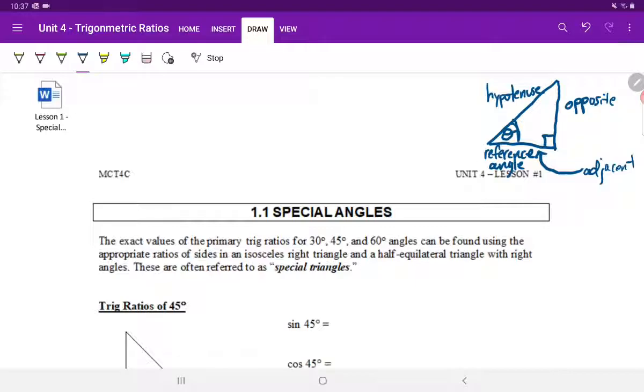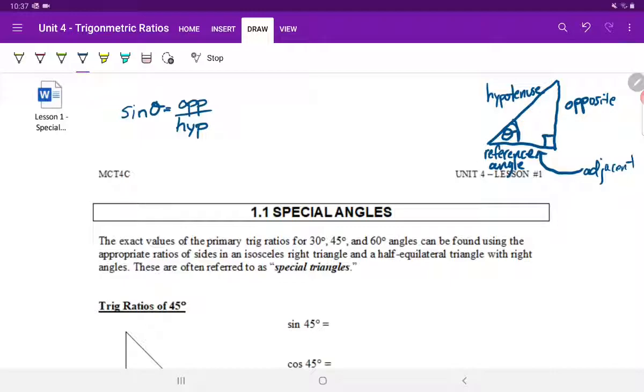In the past, we've gone over the formulas for the trig ratios: sine, cosine, and tangent, formulas that help us find unknown sides and angles of a right angle triangle. We can recall that the sine of an angle is equal to the opposite side divided by the hypotenuse.